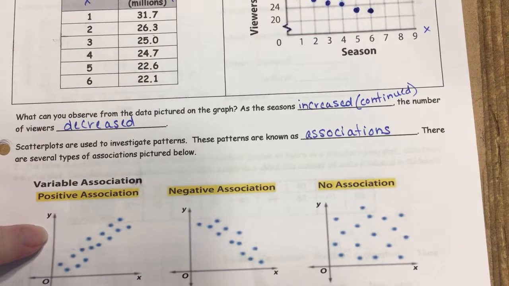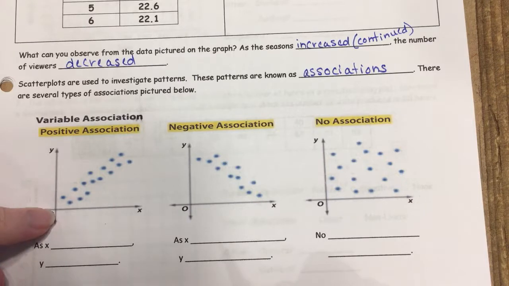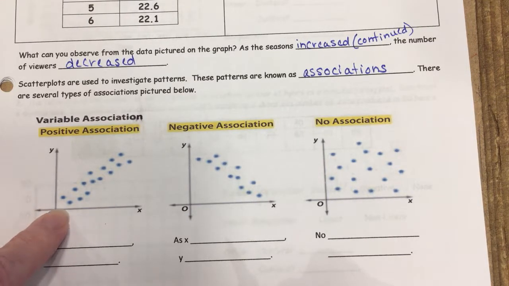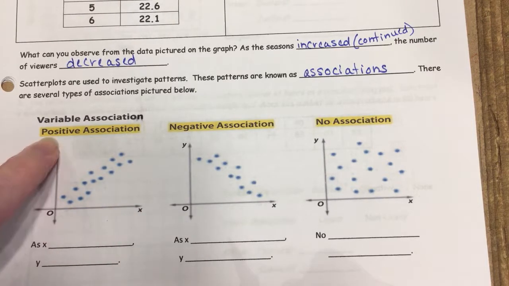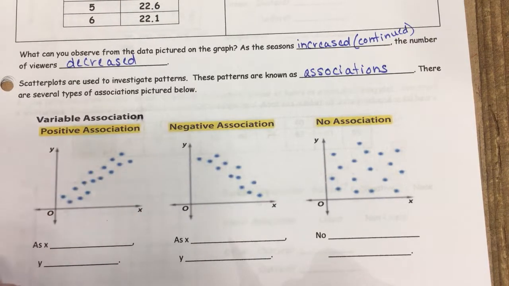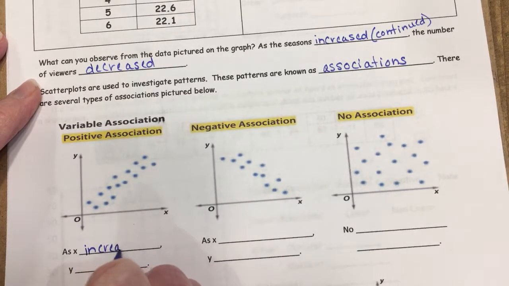And that's when you're comparing what's happening with one variable to what's happening with the other variable. So in this scatter plot, we can see that the points started down here by 0, but as x increased, as we went further this way, the points got higher and higher. So we can say as x increases, y increases.